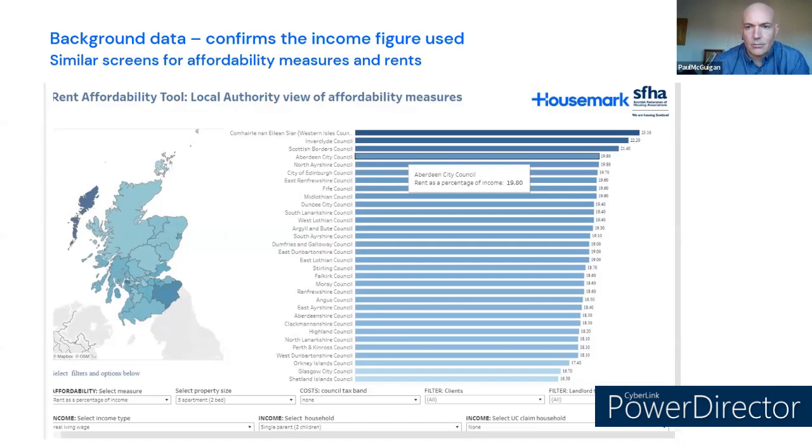So this is across a range of measures looking at affordability based on local authority area. And again, you can see at the bottom of the screen this time, the same kind of tabs are there. So if, for example, you wanted to compare council tax band across different local authority areas, the different figure would appear for each local authority.